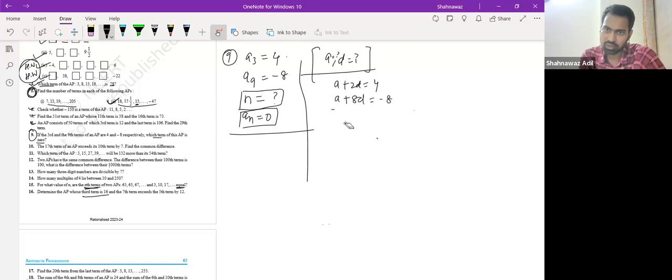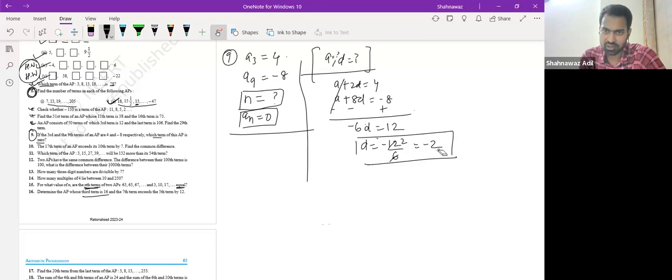So subtracting, this is -6d equals 12, so d is 12 by 6, so -2. You guys can guess why d is negative: the first term is 4 and the successive terms are becoming negative, which means d should be negative.